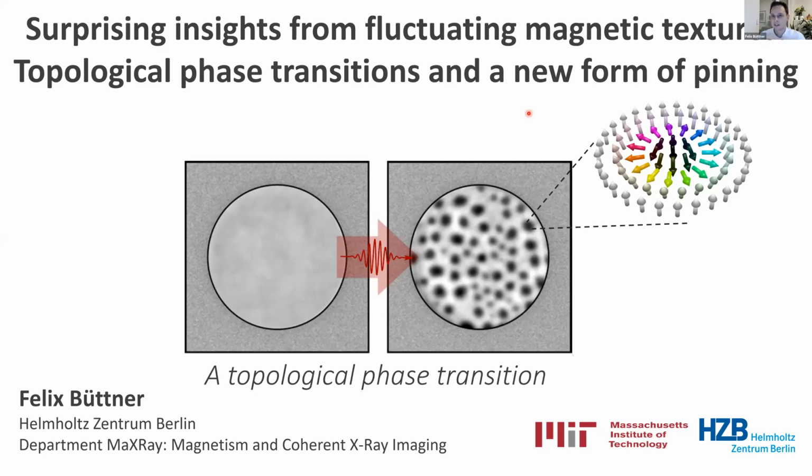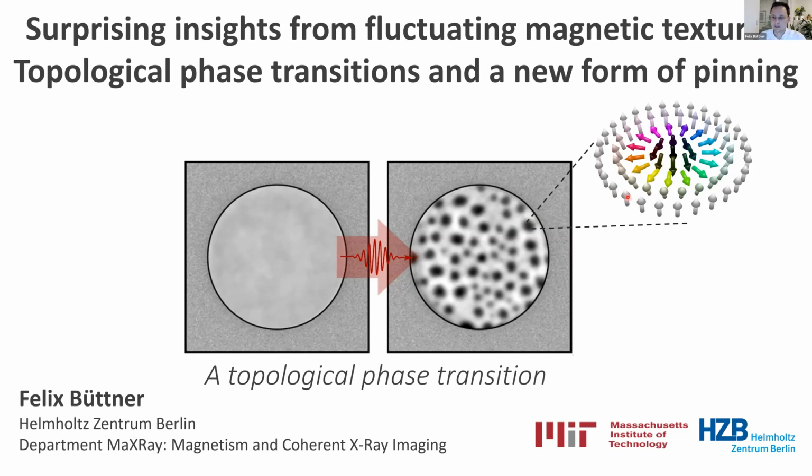This topic is generally centered in the field of magnetic skyrmions and skyrmion materials, where a magnetic skyrmion is depicted here. It's a spin texture where you have a spin in the center, which is pointing in the down direction, and usually in our images it appears as black.